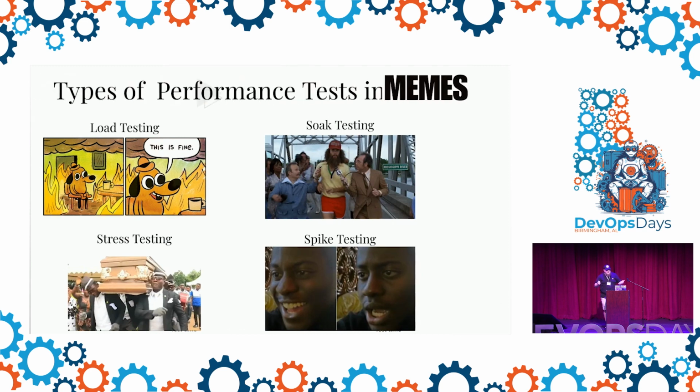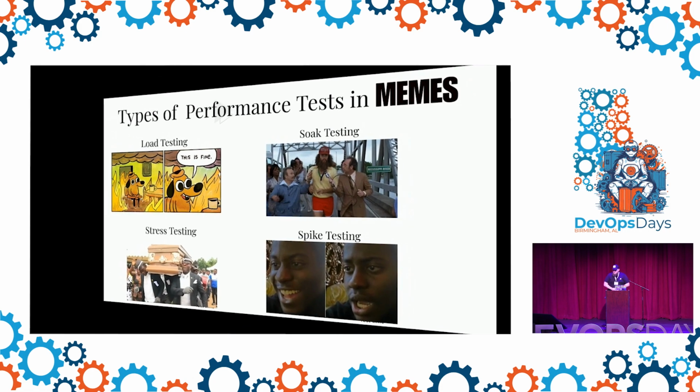So in the end, performance tests and memes, there you have it. Hopefully you can get a good understanding of the different types of performance tests you can do. We're not going to look at how to implement each one in this talk, but just know that this is all possible with K6, the tool.